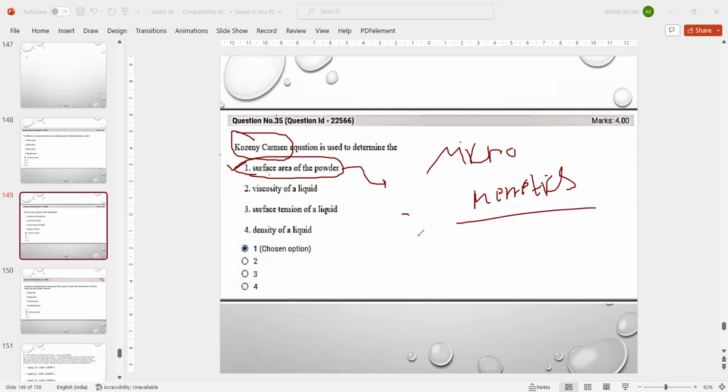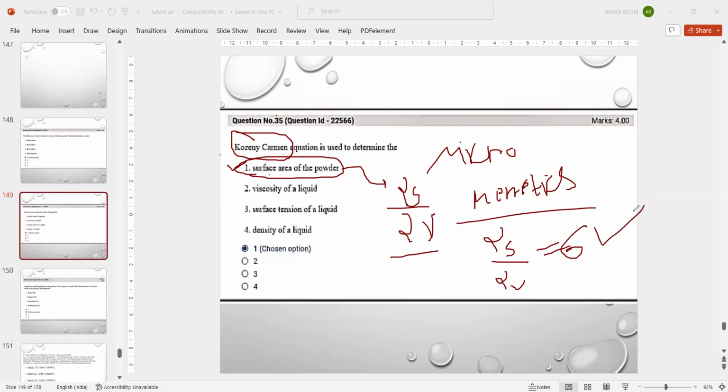And what will be the surface area to volume ratio, that is alpha S by alpha V? What will be the value of this ratio for a spherical particle? 6. Very good, Sakshi.